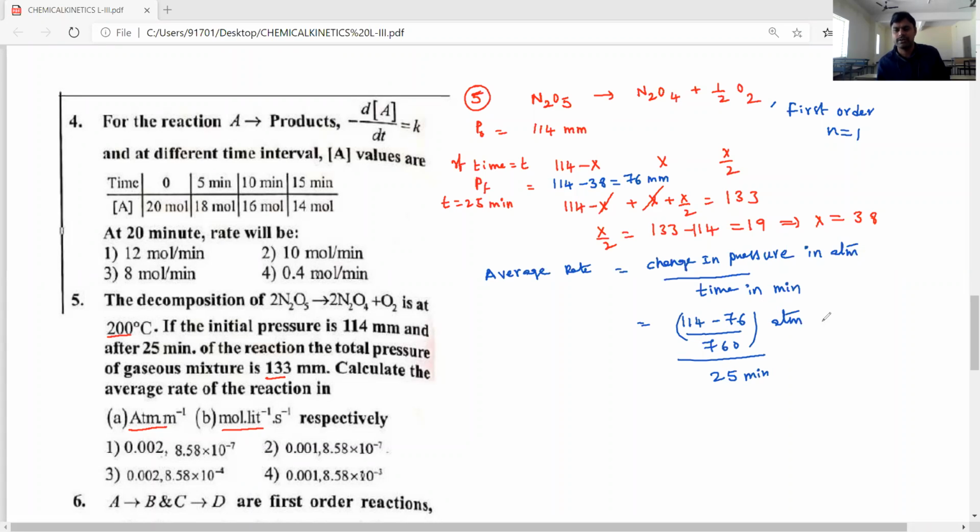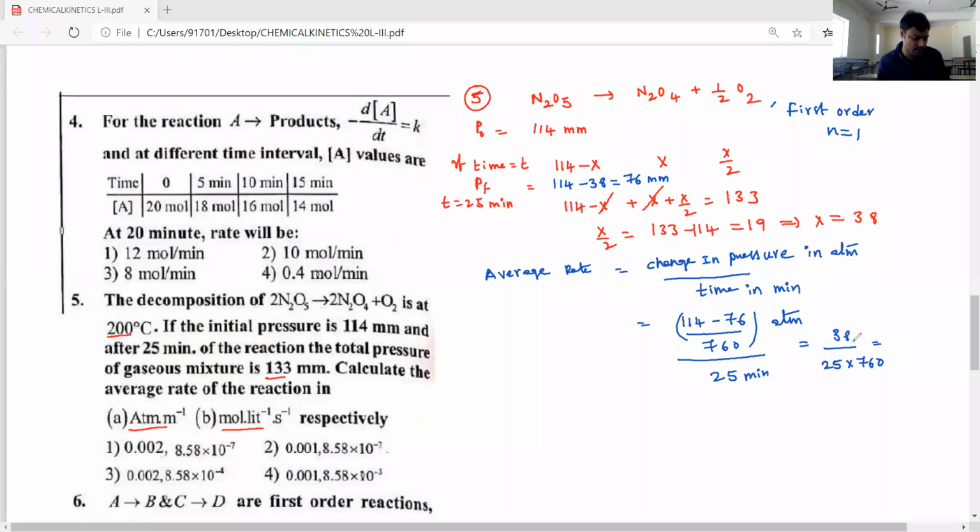On simplification, 114 minus 76 is nothing but 38, by 25 into 760.